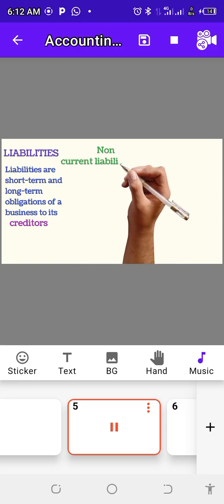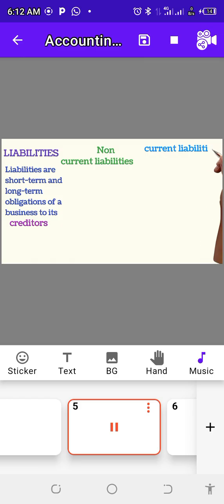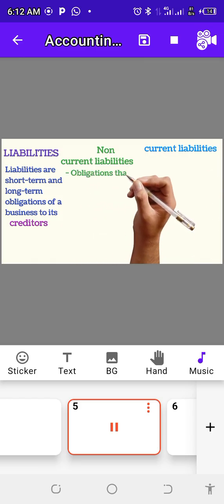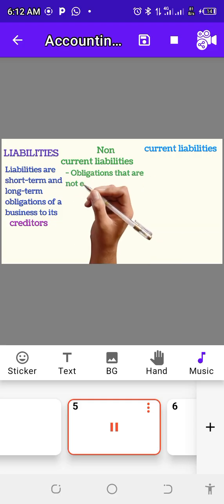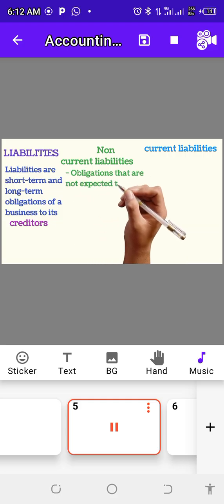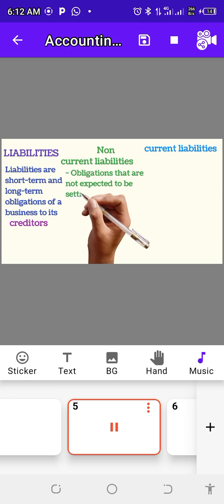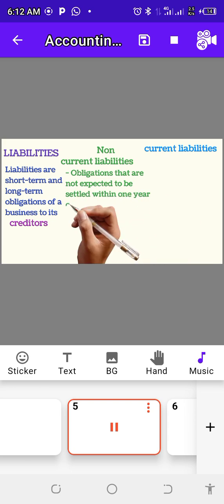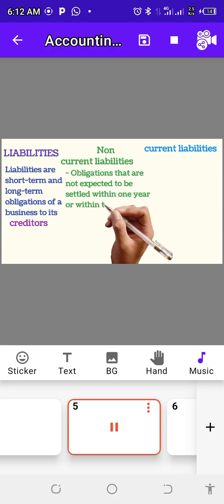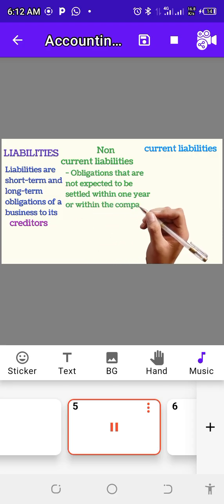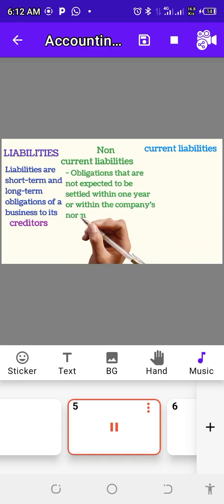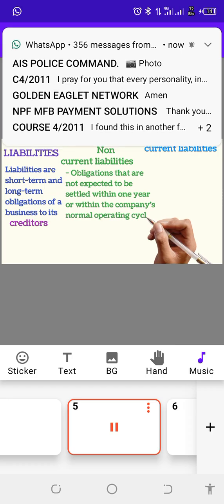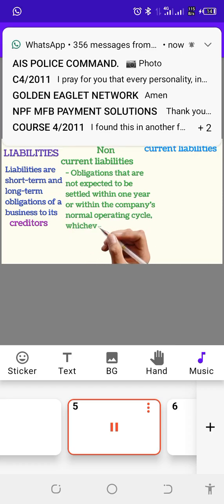Now, non-current liabilities. They are obligations that are not expected to be settled within 1 year or within one operating cycle of the company, whichever is longer.